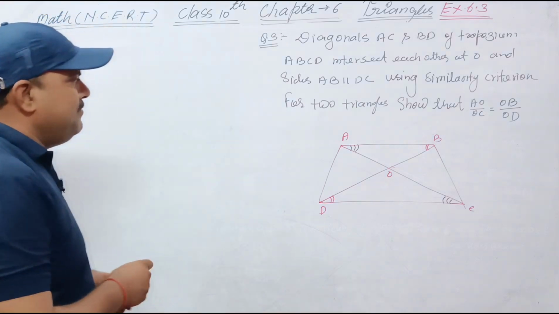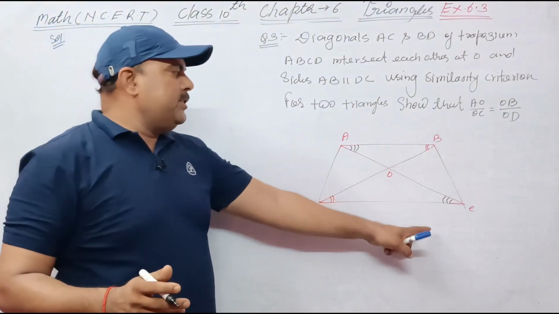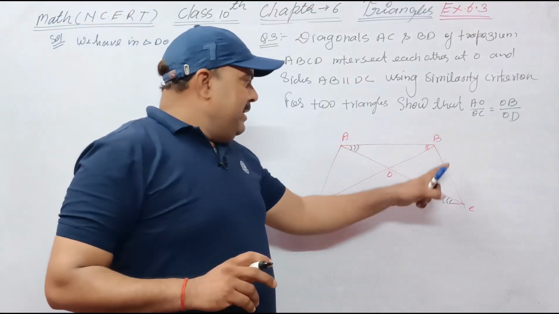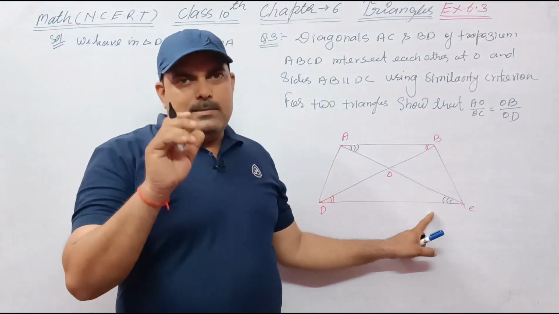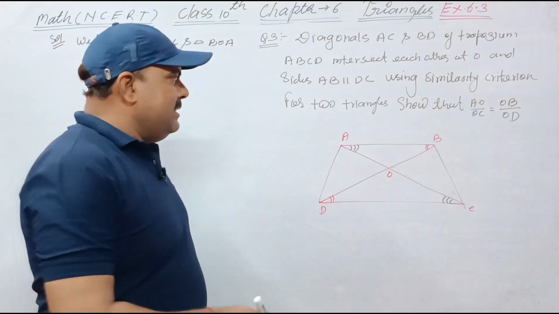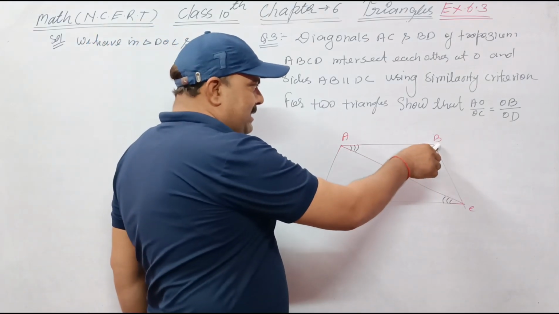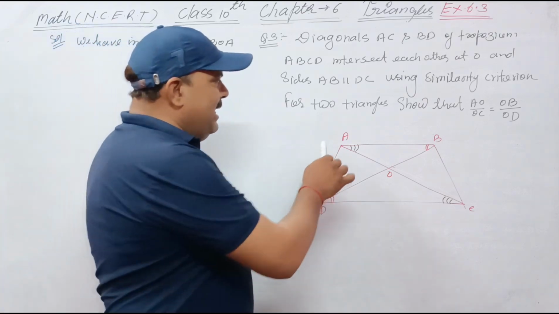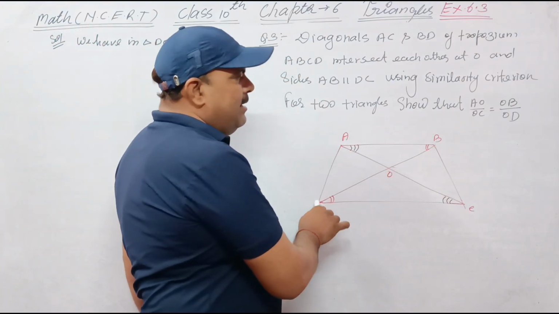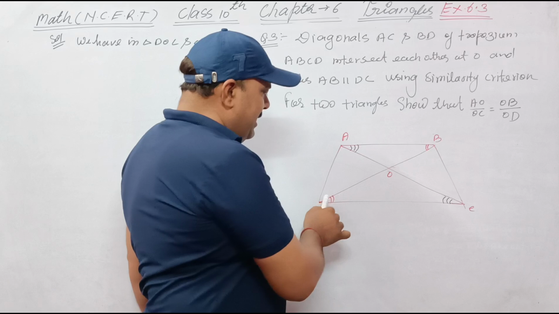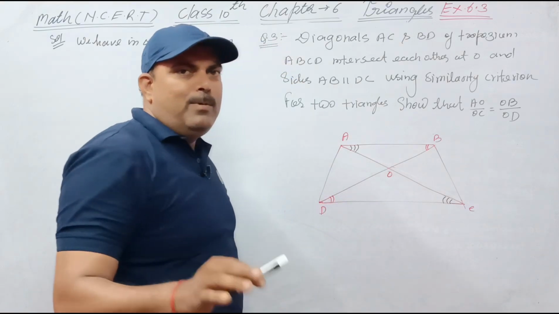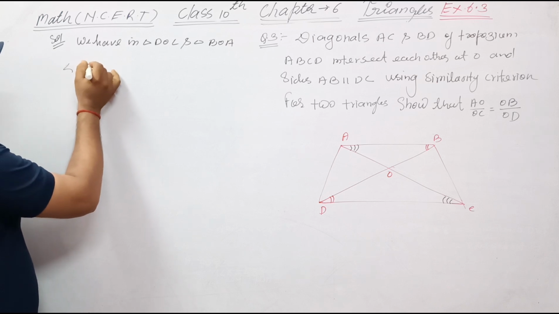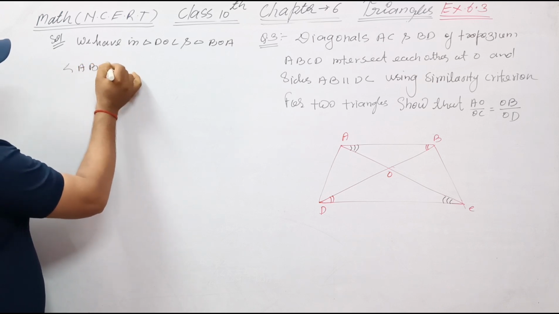Let's understand. We have triangle DOC and triangle BOA. Since sides AB and CD are parallel, diagonal BD will be a transversal line, that is, angle ABD is equal to angle BDC by alternate interior angle rule.